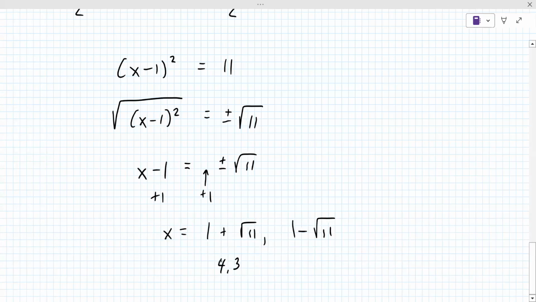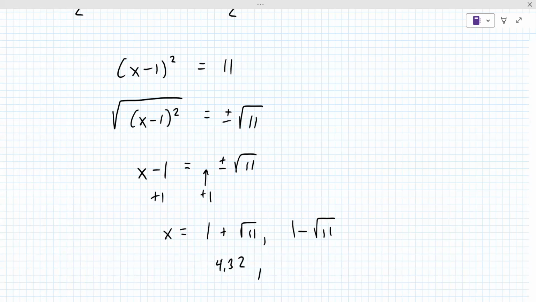Plus. And then 4.32 around. Yep, that's one of them.